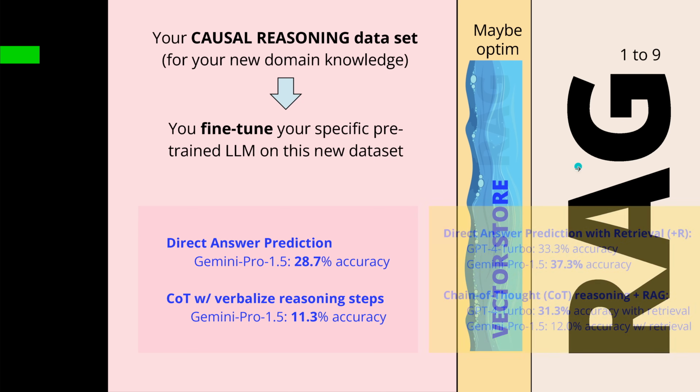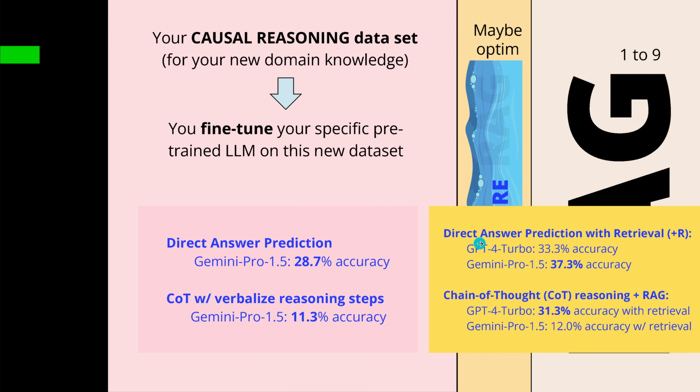Because look, if we now have this direct answer prediction and we activate a RAG, so we dock a RAG onto our LLM, how does the figure change? Gemini 1.5 Pro goes from 28 now to 37, which is great. And here we have a chain of thought reasoning where you verbalize reasoning steps, and you can check step by step if this is correct with a RAG system.